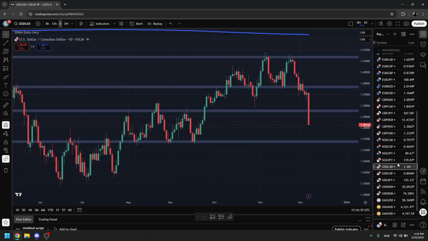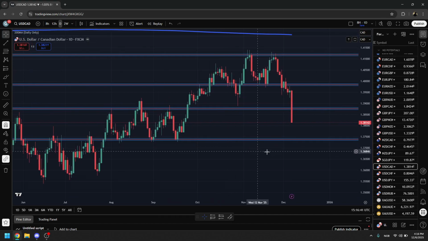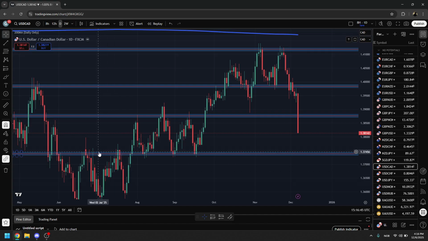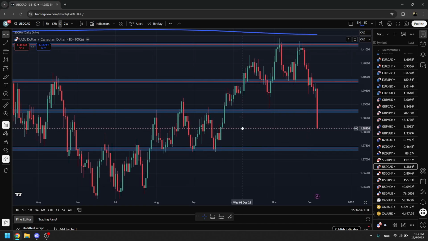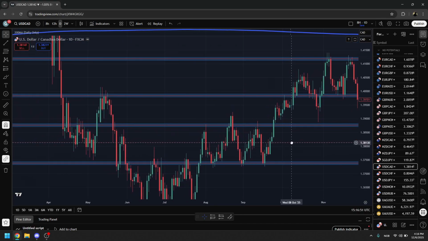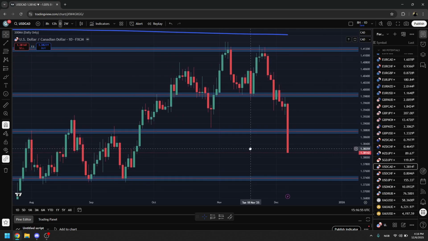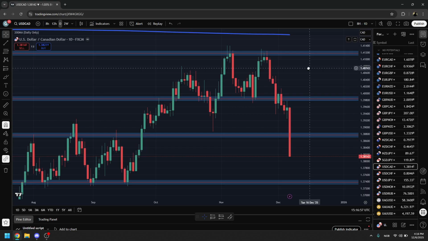Trying to find a good example. But this is where we were. When they look more uncertain, it's no problem. You just draw it, but if you don't feel confident on it, you just don't trade it.